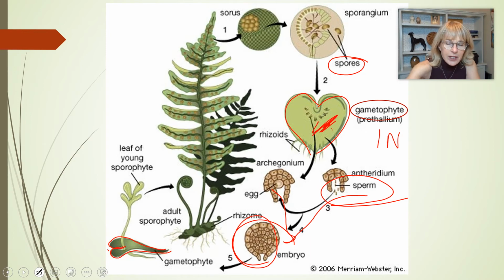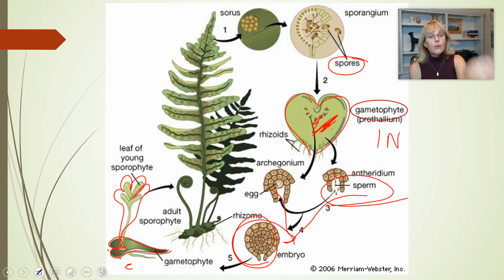Where the egg and the sperm came together, we will start growing a sporophyte, and the young fern will grow right out of the gametophyte generation, and it'll disappear, and then you will just see a fern.